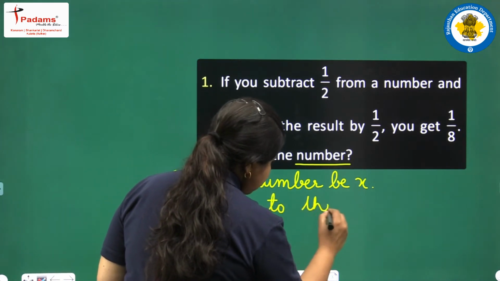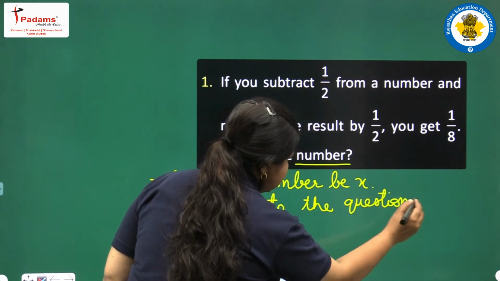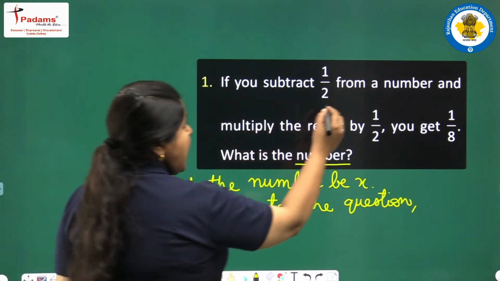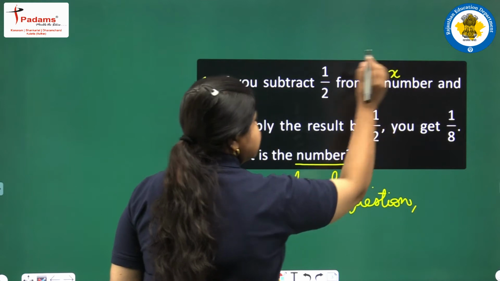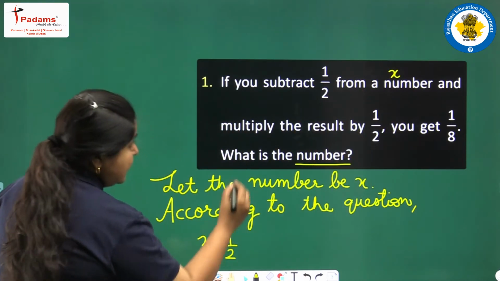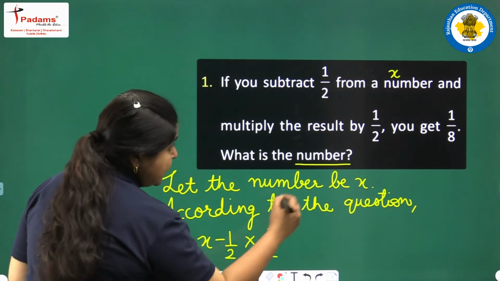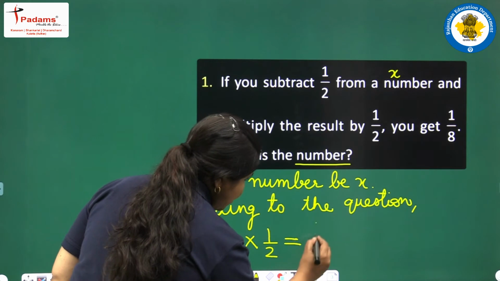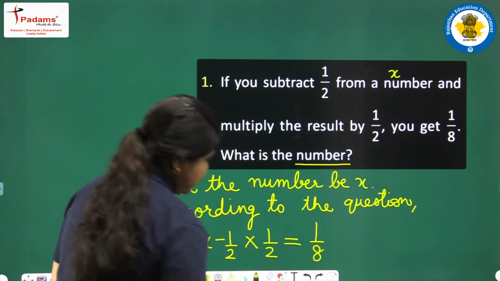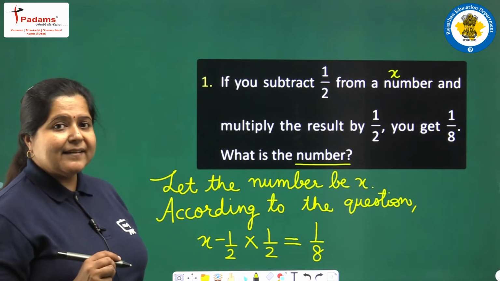So according to the question, subtract half from the number, which is x now. So subtract half from x, multiply by half, you get equal to 1 upon 8. Now is this correct or is something missing here?